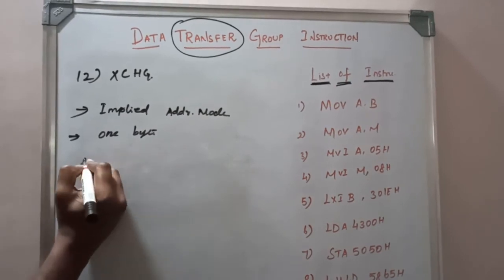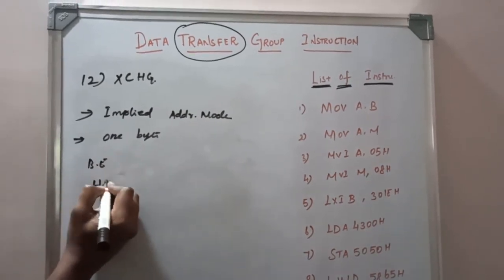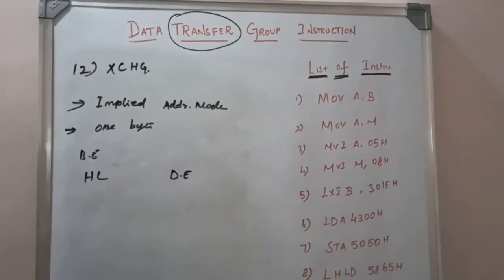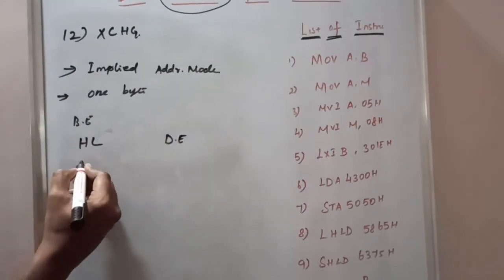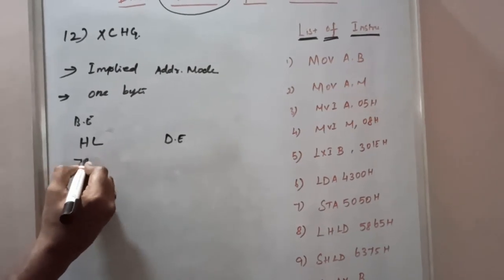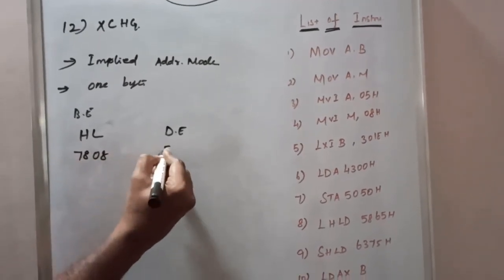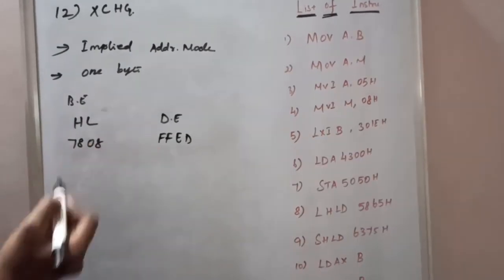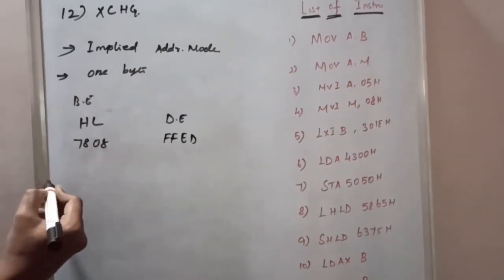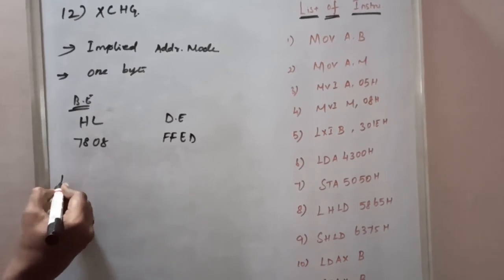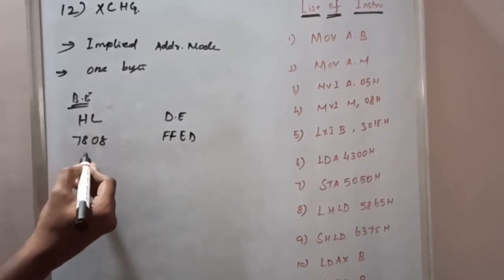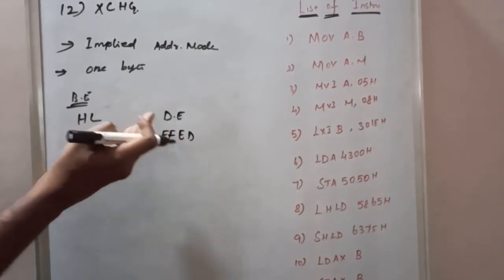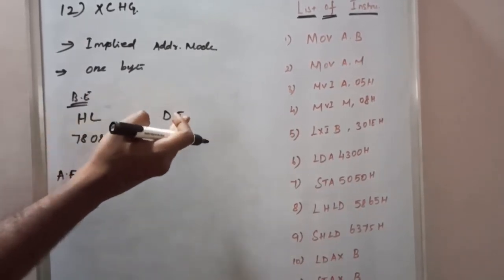Before execution, consider the two pair registers: one is the HL pair and the other is the DE pair. HL pair value is 7808, DE pair value is FFED. Before execution, these two values are placed in the HL pair and DE pair registers. After execution, the two register contents are simply exchanged. Whatever value is present in DE is moved to HL, and the HL value is transferred to DE.